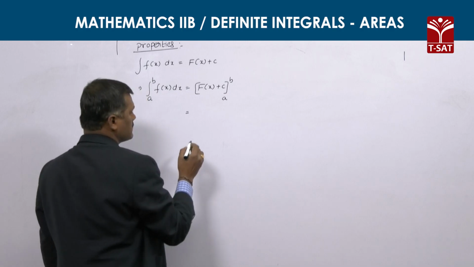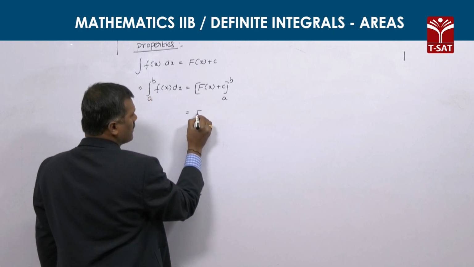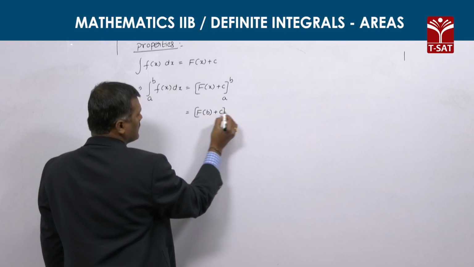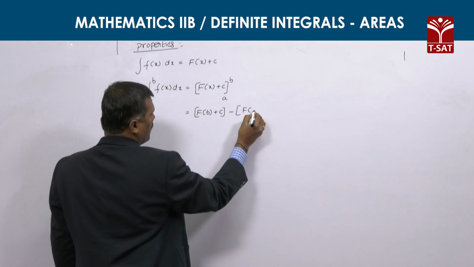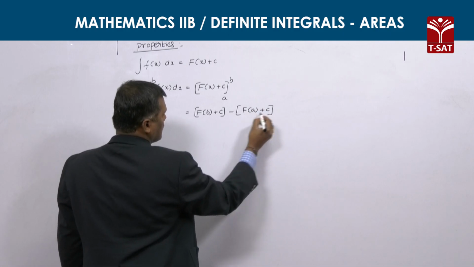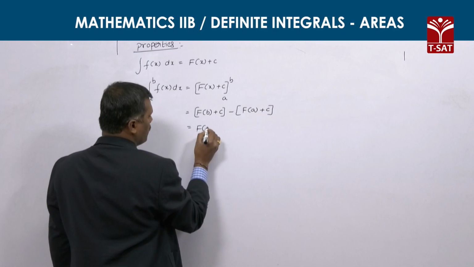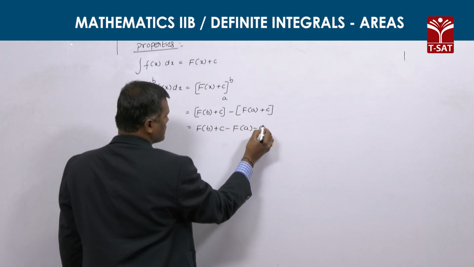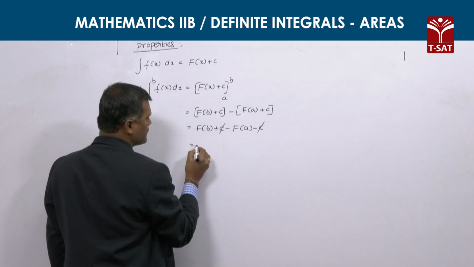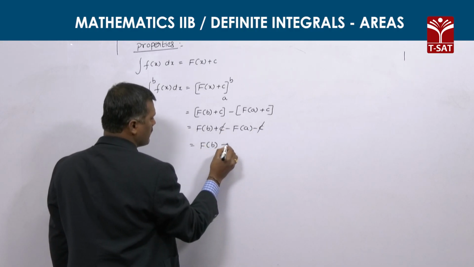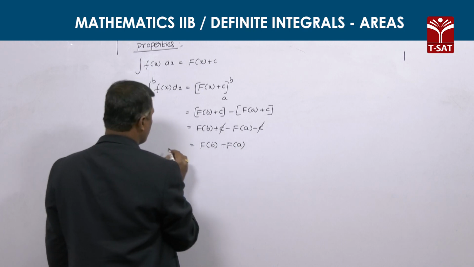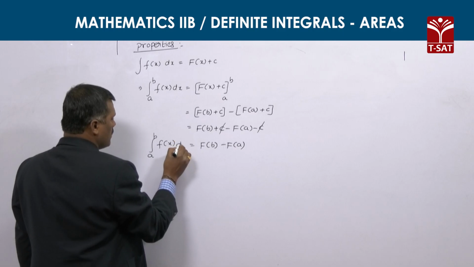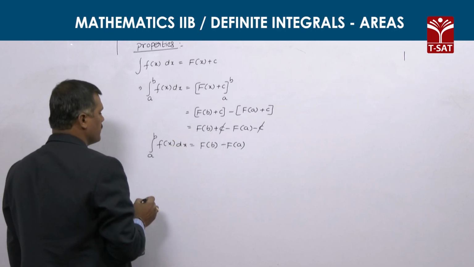That is, first substituting upper limit, F of b plus c, minus lower limit, F of a plus c, that is equal to F of b plus c minus F of a minus c, and the c term will get cancelled: F of b minus F of a. Integral of a to b f of x dx is equal to F of b minus F of a.